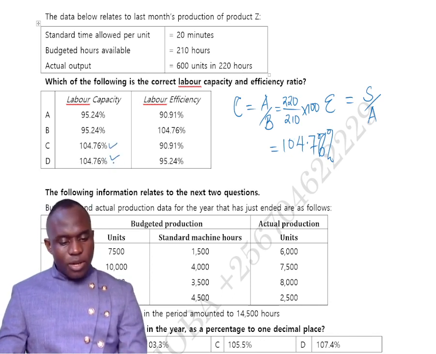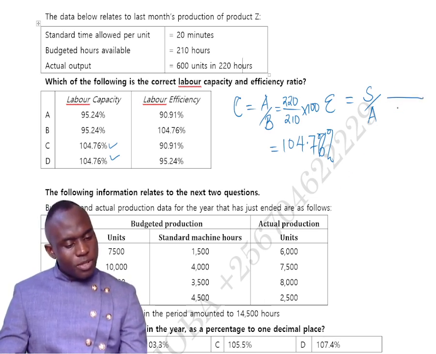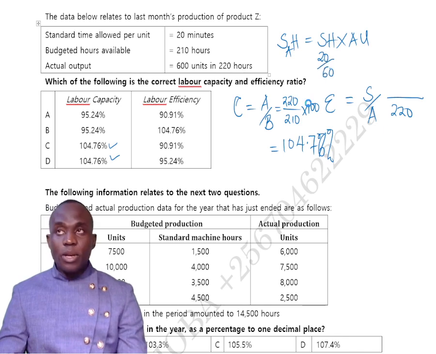So now we calculate the efficiency ratio, and the efficiency is standard divided by actual. So we already have actual, it is 220 hours, but how do we calculate standard? Standard is standard time per unit times actual units. So standard time per unit is 20 minutes, but you see everything is in hours. So it would be 20 out of 60 times actual units.